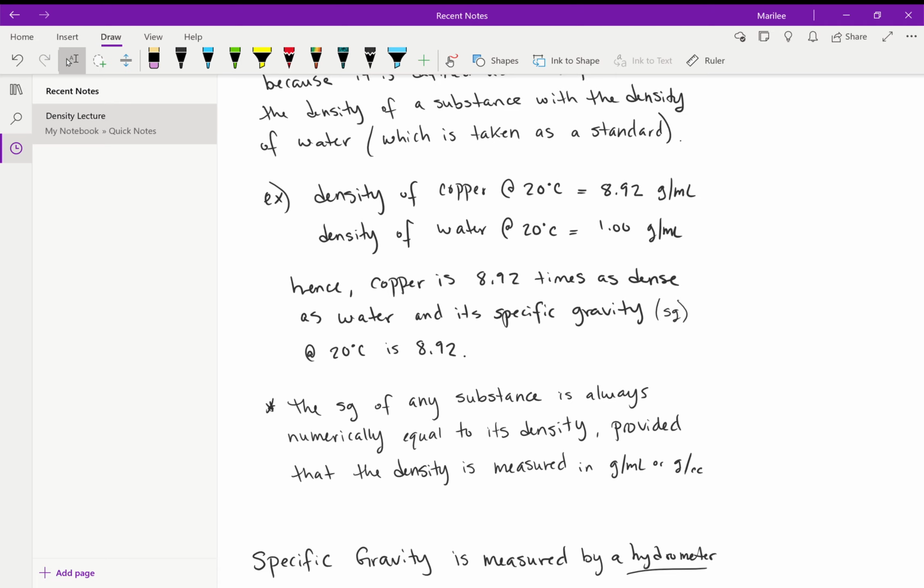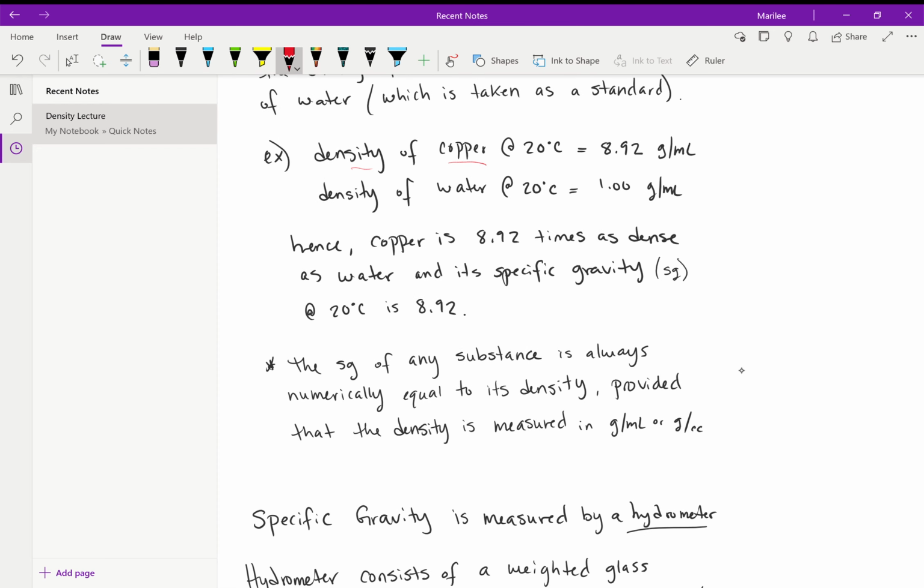The density of copper at 20 degrees Celsius is 8.92 grams per milliliter, and the density of water at 20 degrees Celsius is 1.00 grams per milliliter. Hence, copper is 8.92 times as dense as water. So the specific gravity at 20 degrees Celsius is 8.92 with no units, because the units cancel out.